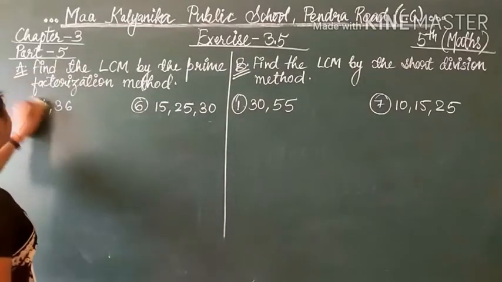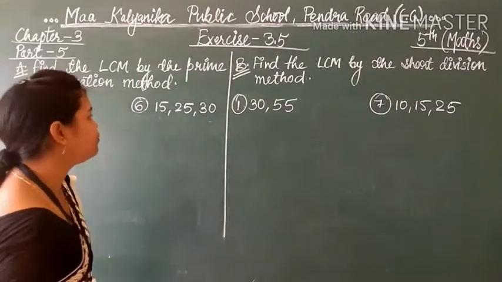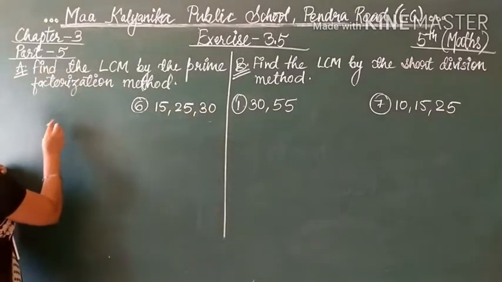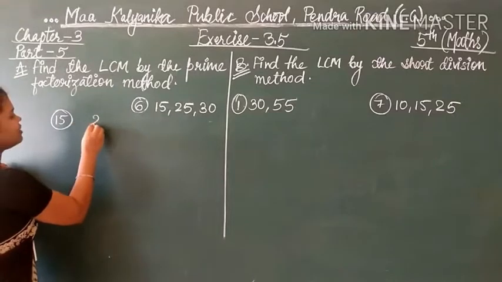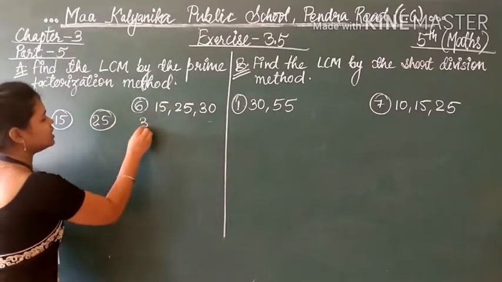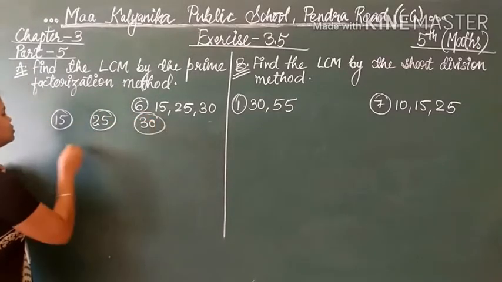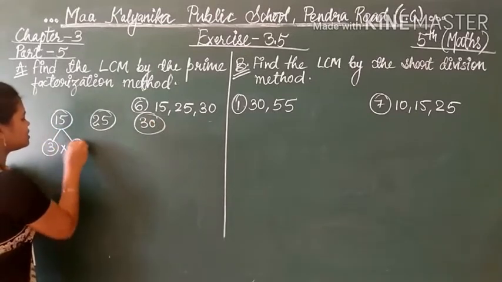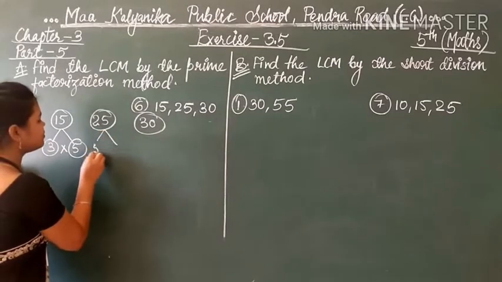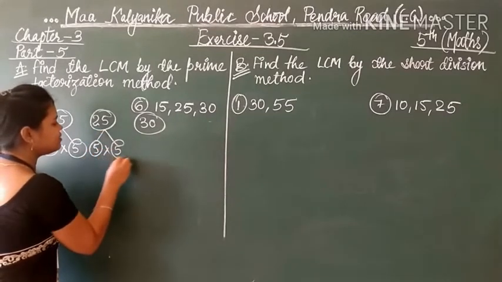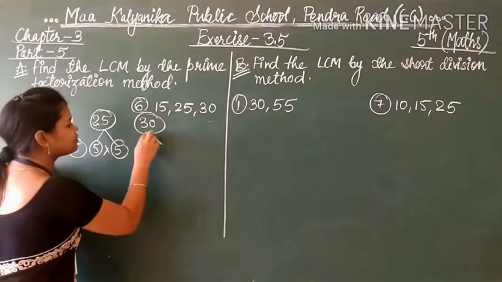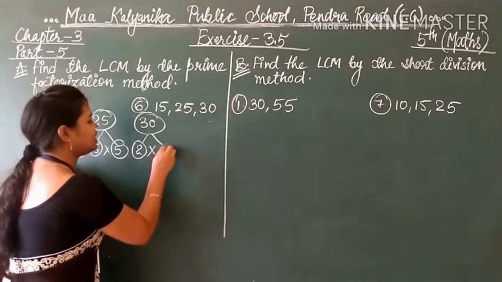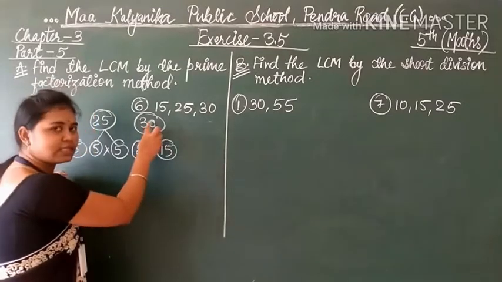So students, question number 6 is 15, 25 and 30. Now find the prime factors of 15, 25 and 30. So now students, 3 5s are 15, it will not come in the table of 2. 25, 5 5s are 25, and 30 of course comes in the table of 2. So first we will take 2, 2 15s are 30.